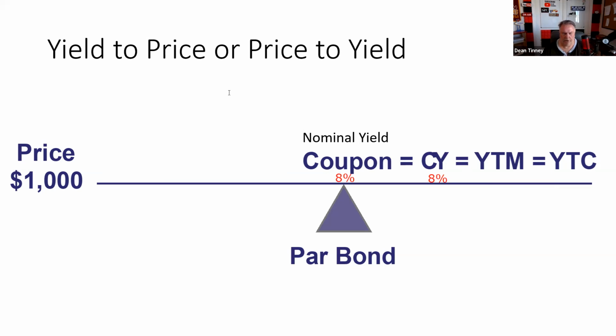And so to get the current yield here, we would take $80 and divide by what it costs us, which is par. I have illustrated that when we buy a bond at par, the current yield and the nominal yield are the same. That's our current yield. We have to be able to do that on the test.